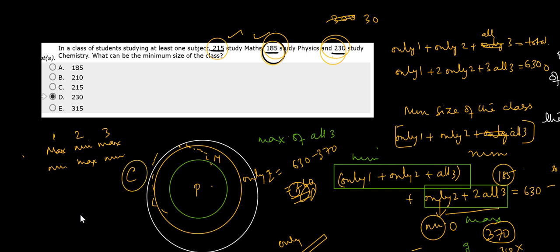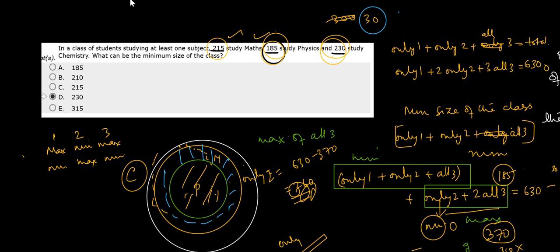People who are studying all three will fall inside P. People who are studying only two will fall in the second concentric circle, who will study only mathematics and chemistry, not physics. So it is mathematics minus physics. So that is 30.